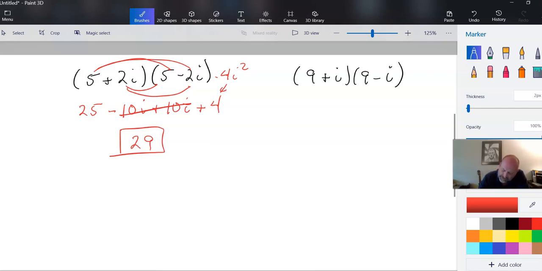Okay, notice this is actually a similar pattern. I have plus and minus the same values. I had plus and minus the same values over on this one too. So now, if we FOIL this one out, 9 times 9 is 81. 9 times negative i is minus 9i. i times 9 is positive 9i. And negative i squared is plus 1.